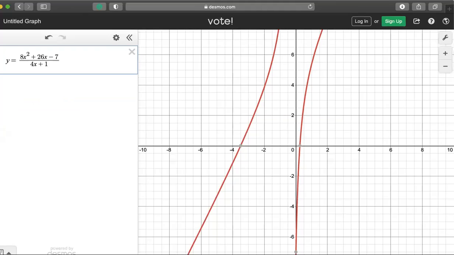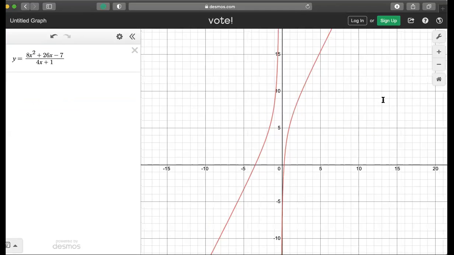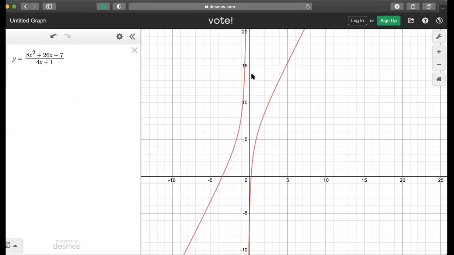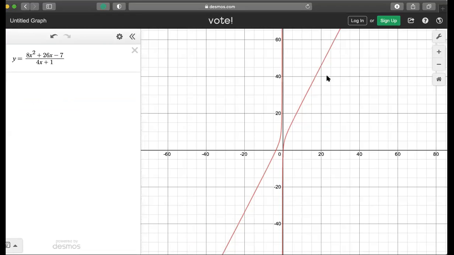And you can see that this graph is very similar to what I was plotting before. Did almost exactly what I said it would do. And you can see that it is going towards some kind of asymptote that looks like a straight line, like we thought it was going to do, and also this vertical asymptote.